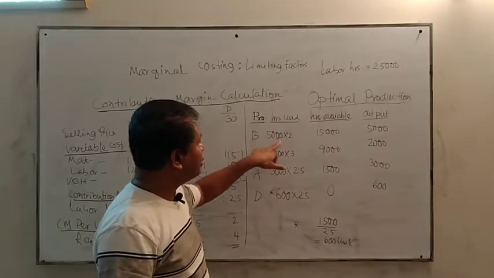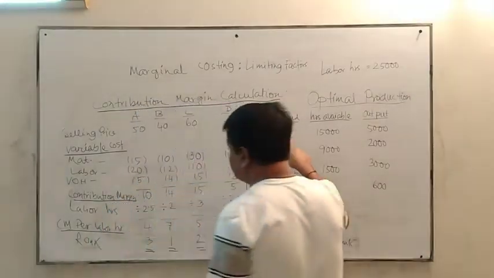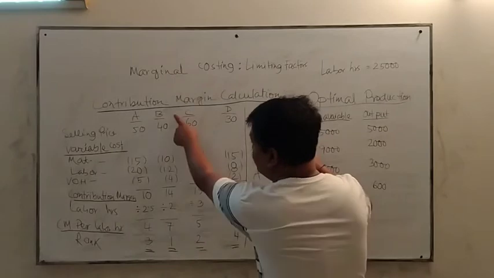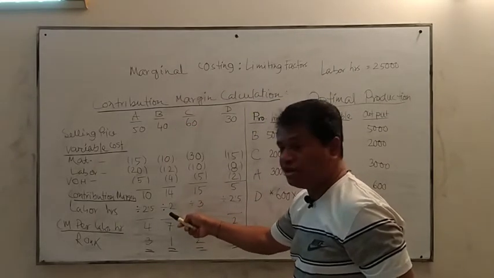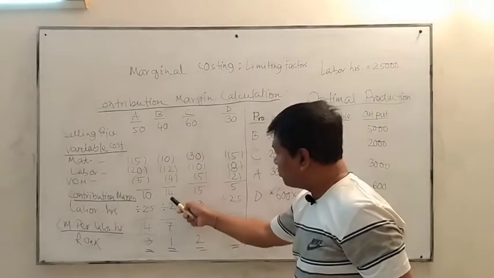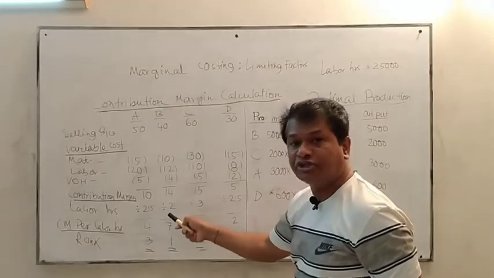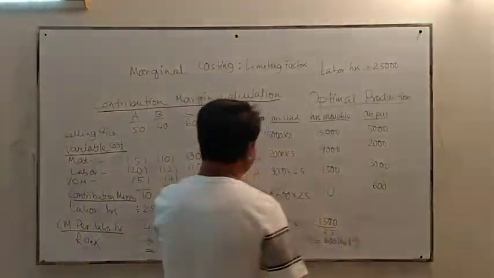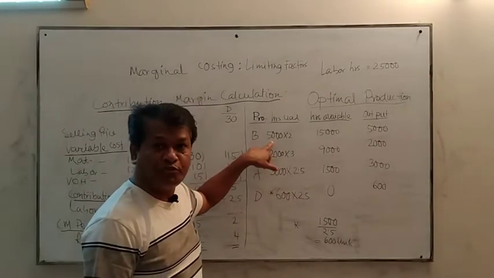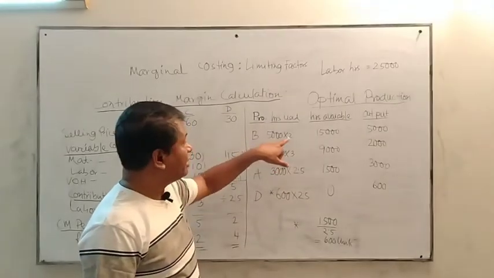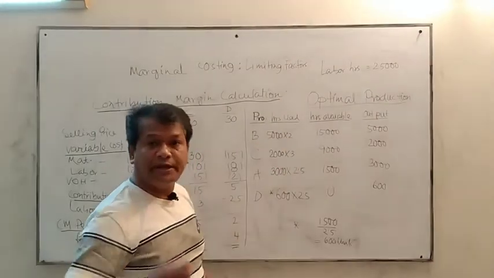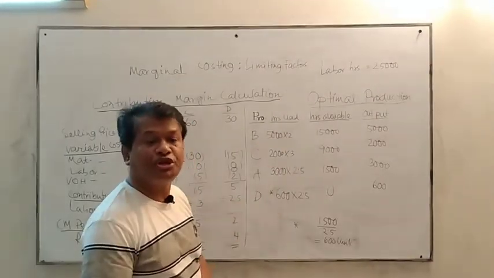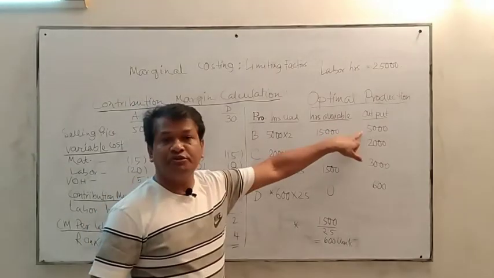Here 5,000 into 2, because 2 labor hours are required per unit of B. That's why total production is multiplied by labor hours: 5,000 units, the market demand, multiplied by 2. That is 10,000 hours required to produce 5,000 units of product B.